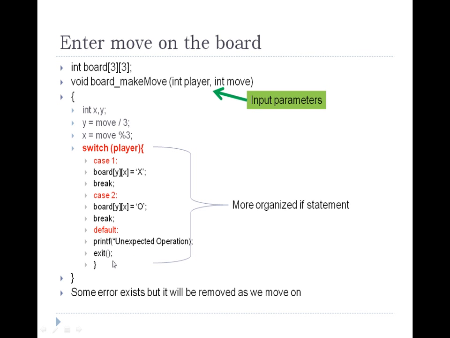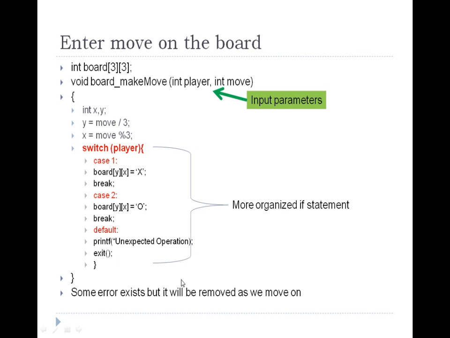A default is a good practice. Even if we think only 2 players are there and it will never reach here, it is always good to put this default statement, because many times because of an error the program will hit here and immediately you will know that something is wrong.